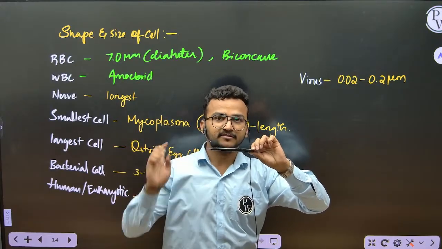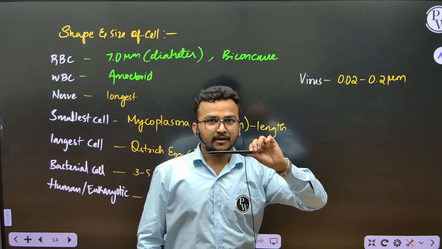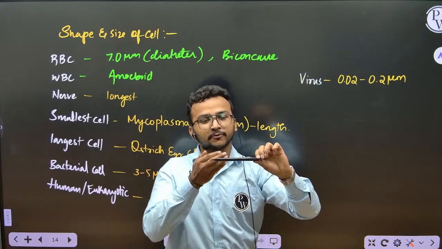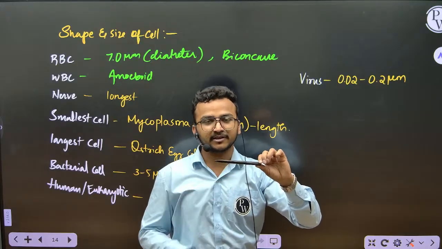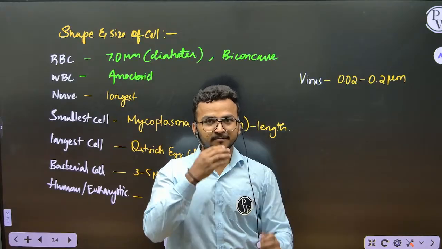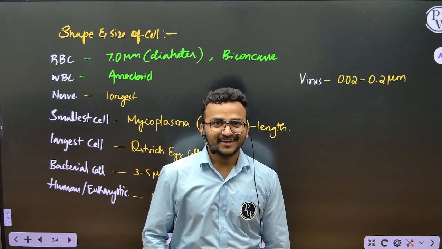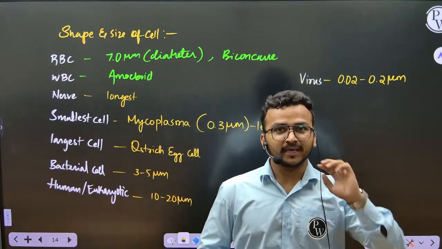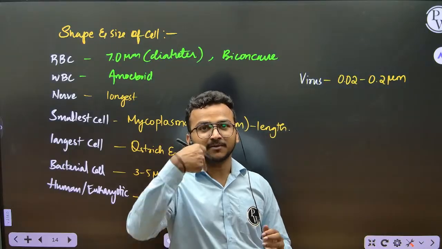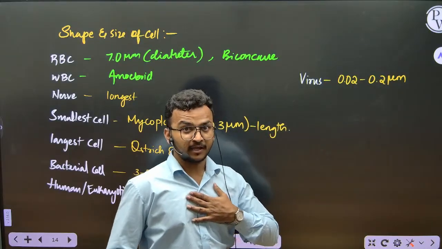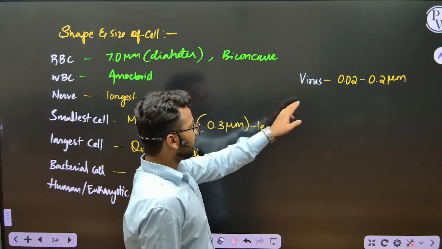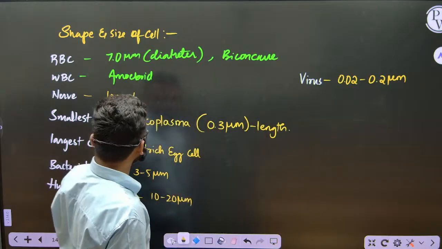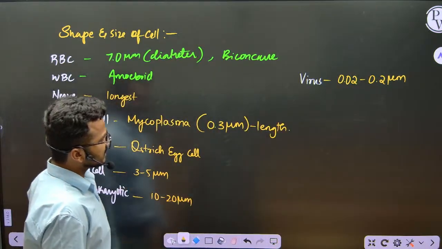And when I touch and inhale it, it becomes alive. The virus turns living when it comes in contact with a host cell, either plant or animal. That's why we cannot consider the virus the smallest living cell. The smallest living cell is mycoplasma.